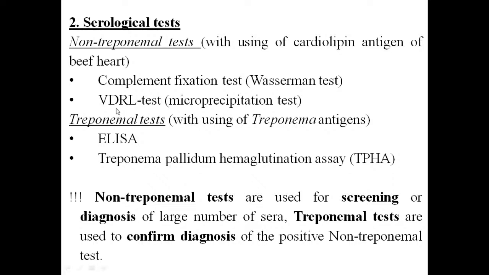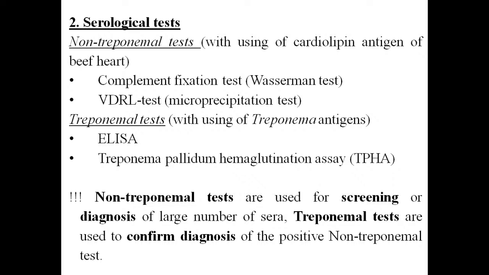VDRL stands for Venereal Disease Research Laboratory in New York, USA. It's also a non-treponemal test that uses cardiolipin antigen.